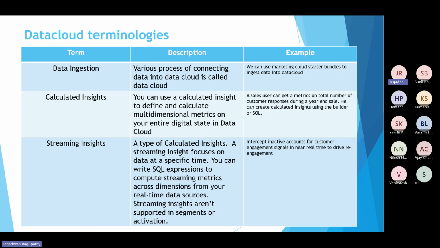You did not purchase anything, or even open the Amazon website itself. That means you will be considered as an inactive account, so that we can identify the particular customers based on the time period using the streaming insights. But that is again a type of calculated insight to act on the data.